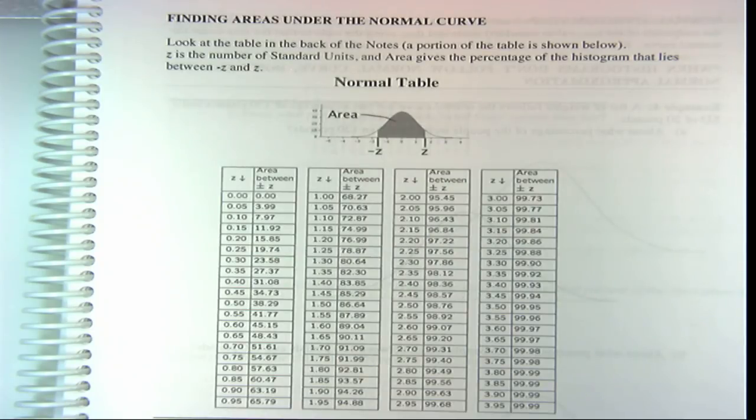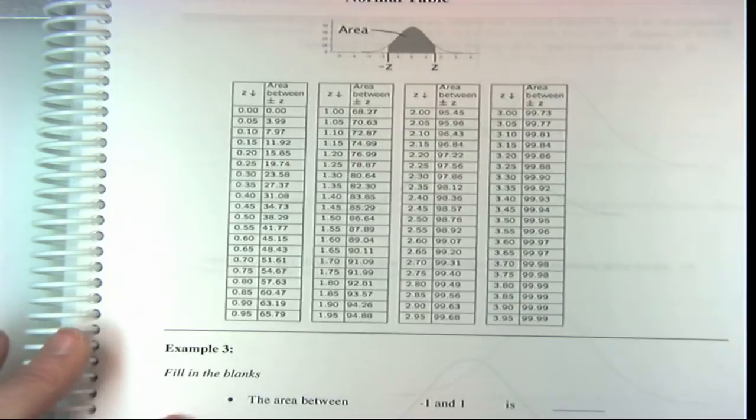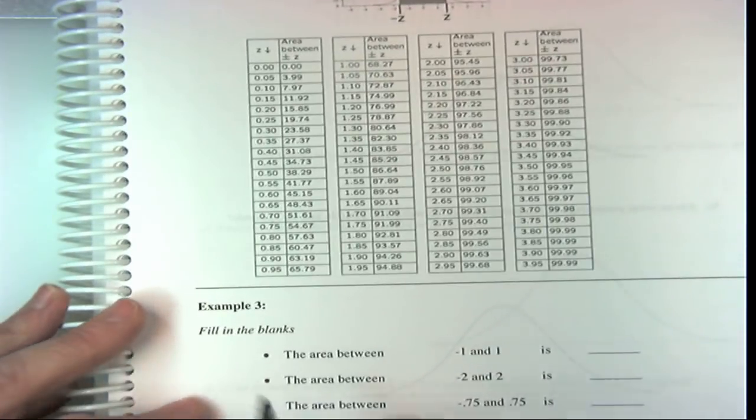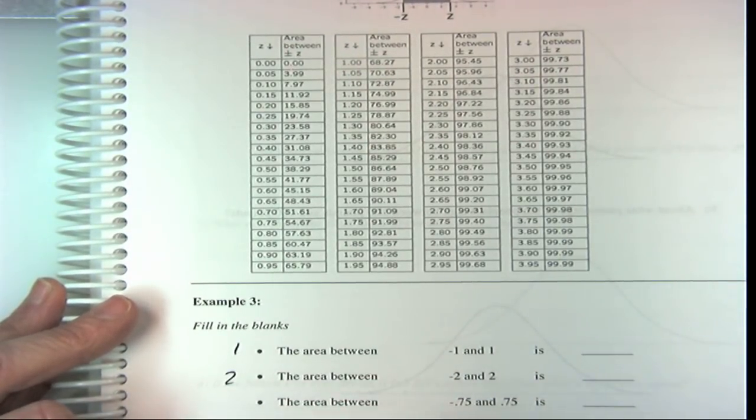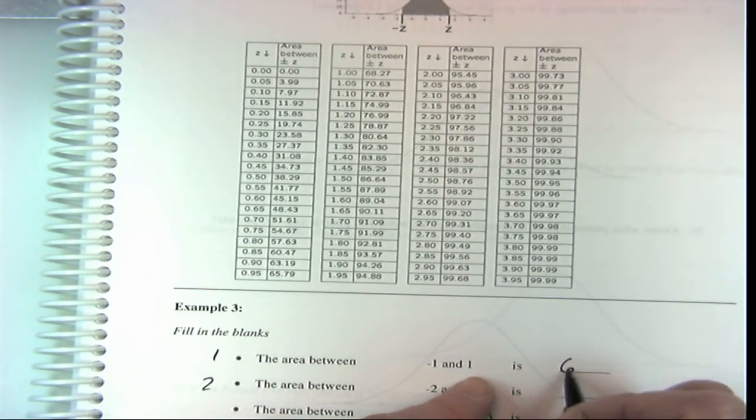I just told you that 1, 2, 3 rule, and you can see exactly. I said the area between -1 and 1 is 68%.